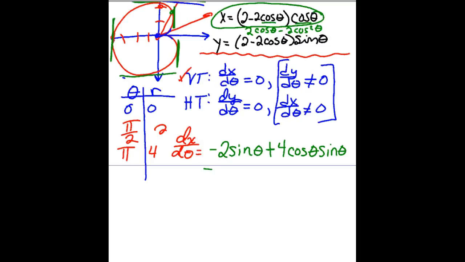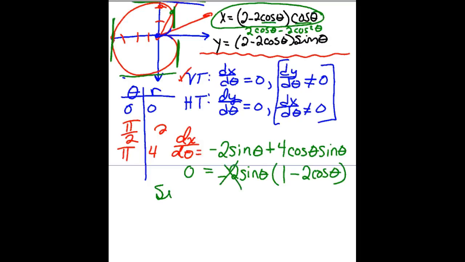I then want to know where it equals 0, so I'm going to factor out a -2. Actually, I can factor out a -2 and a sine. Let's do that. So I'd have -2 sine theta times 1 minus 2 cosine theta, right? So this doesn't affect things.